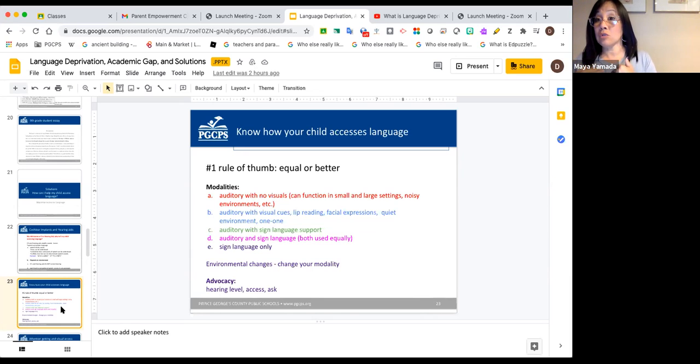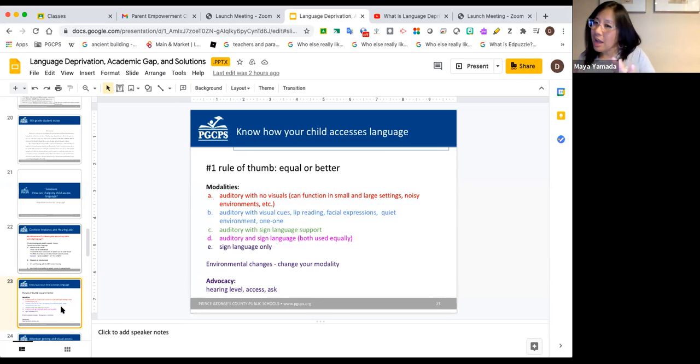Okay, I use my hearing aid and I use sign. And then sometimes I only use my hearing aid and I drop the signs. And then sometimes I just use sign. Because I'm aware of how I access language and where I need more support and where I don't need more support.